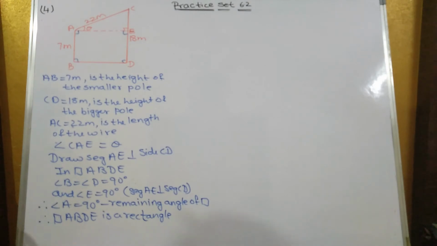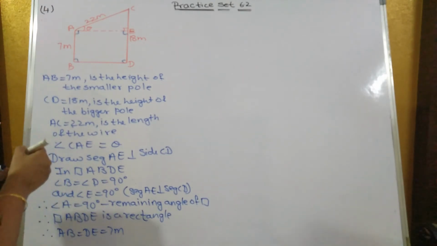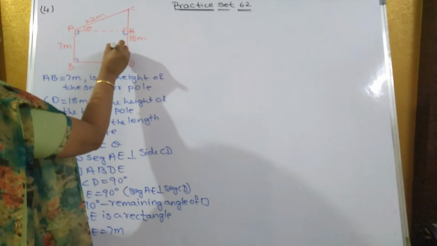Therefore AB is equal to DE. AB is equal to DE will be equal to how much? 7 meter. So this will be 7 meter.